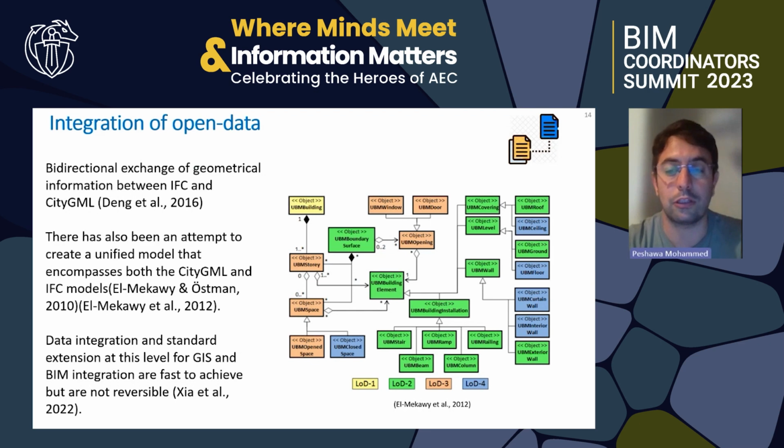However, one of the disadvantages of using this method is when we create a new model, then the software or the viewers might not be able to read this new standard. On the image, you can see we have this study. Actually, it was done in 2012, in which the researchers created a unified new model called the Unified Building Model that uses some IFC elements and also CityGML elements as well.